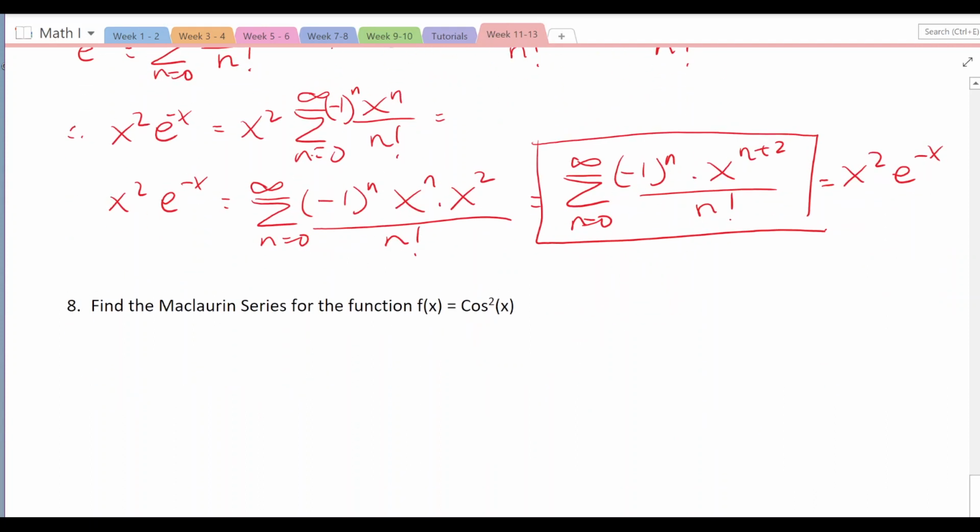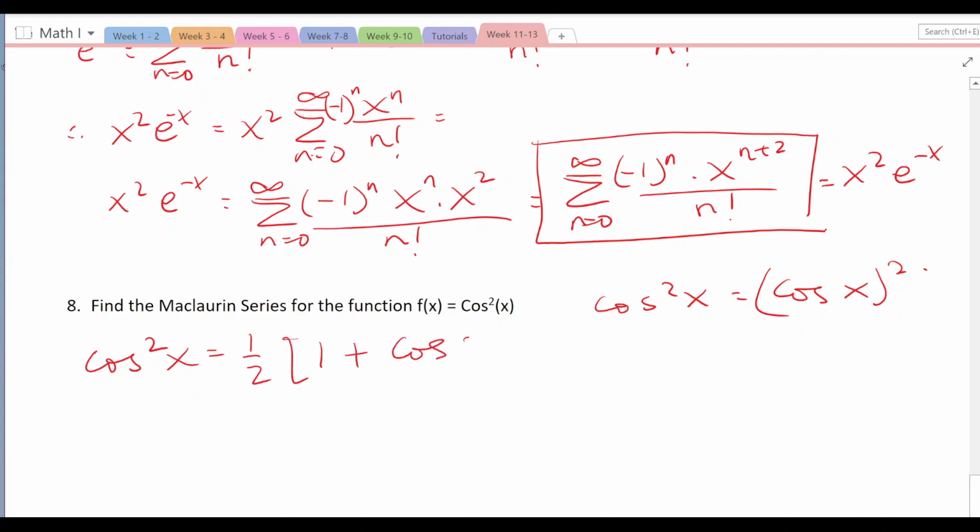Cos squared x is simply cos x squared, so it's different. I think it's better to convert it using a trigonometric identity of cos squared x, one of which is equal to one half times 1 plus cos 2x.